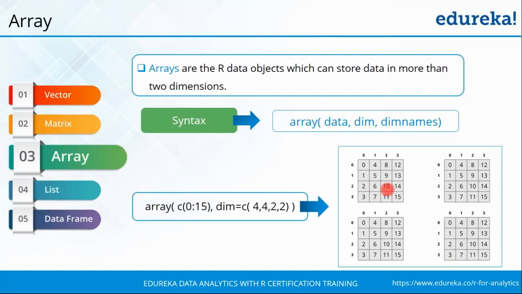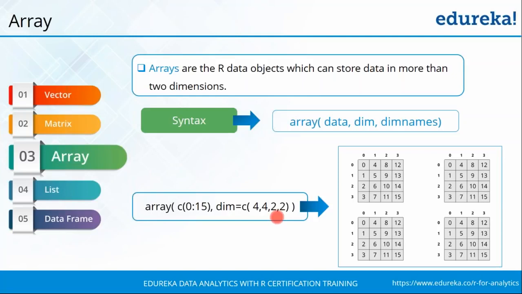So basically you're storing 64 elements, but they are in turn being stored in 4 different 4x4 matrices. So your array in R is something that can store your data in more than 2 dimensions. I hope this example gave you a simple idea of how an array is different from a matrix and how it is in R.